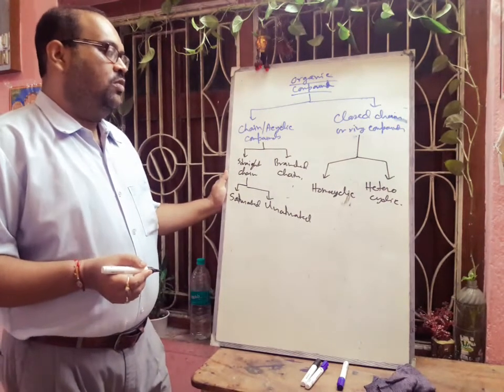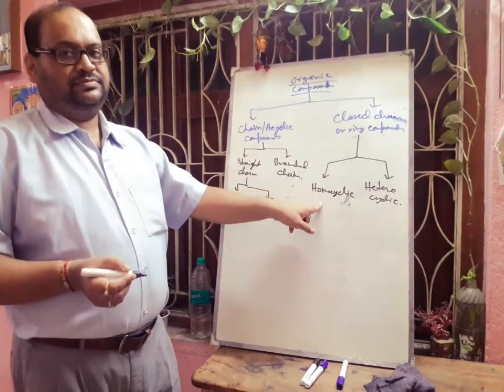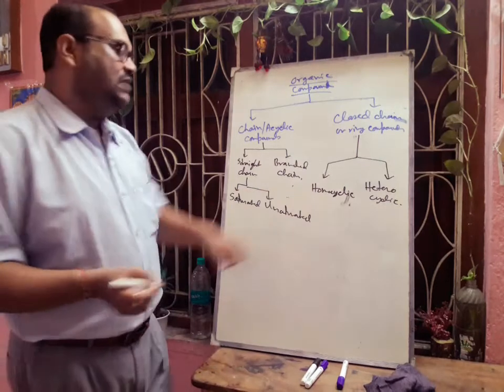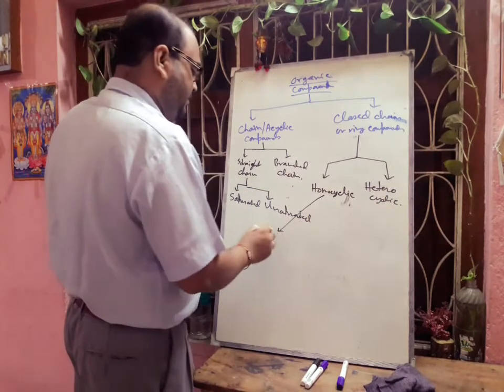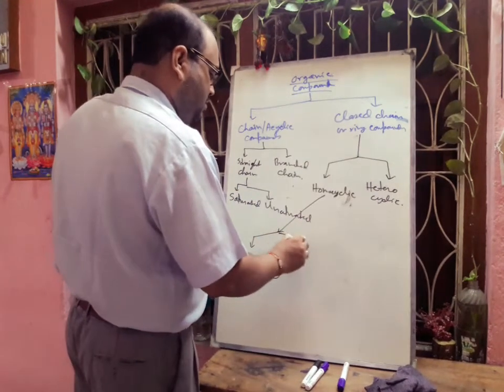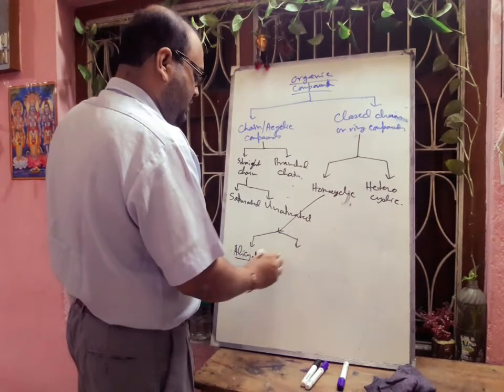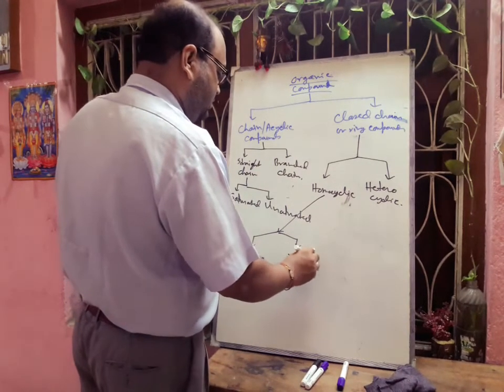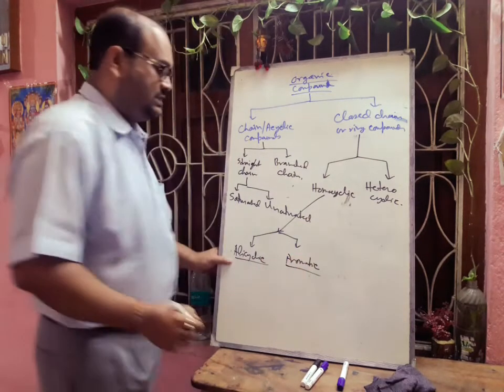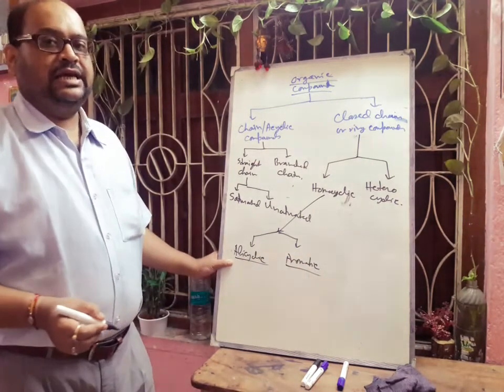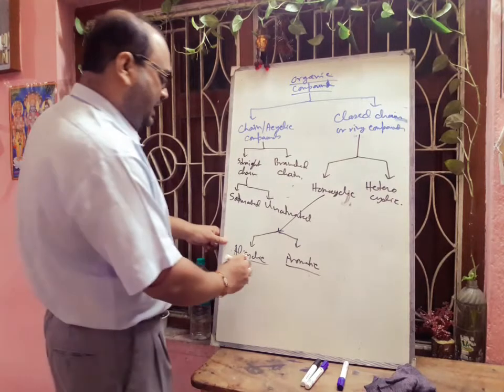Now homocyclic may be of two types, alicyclic or aromatic. Hope you can understand. For alicyclic, I can give you an example like cyclohexane.